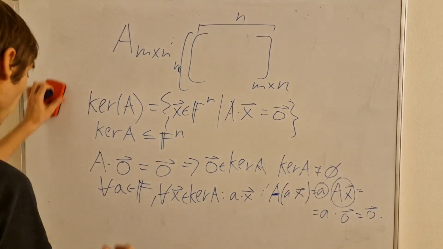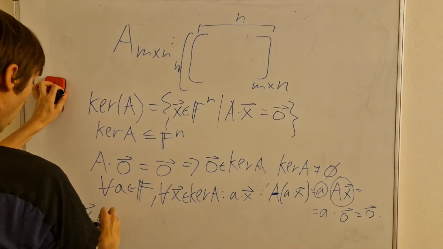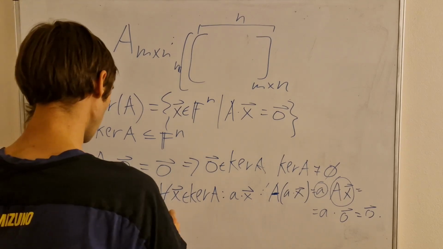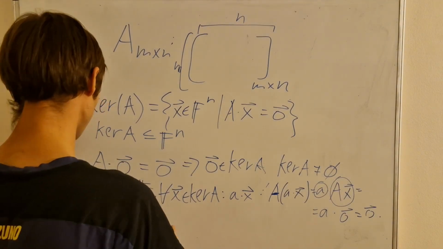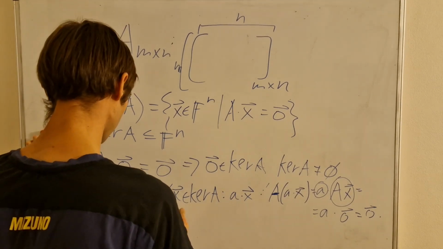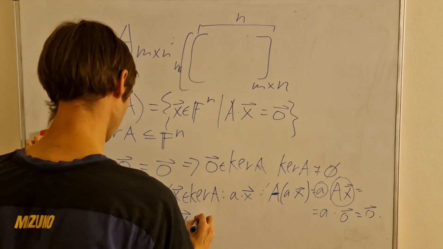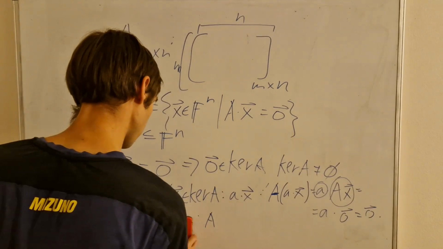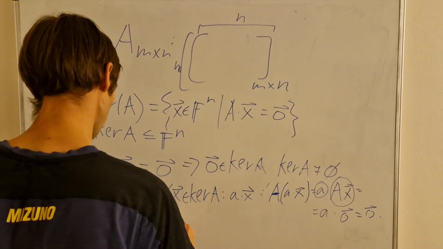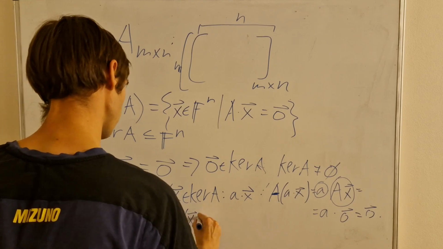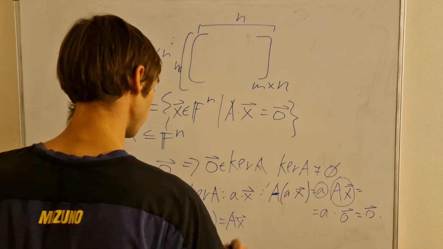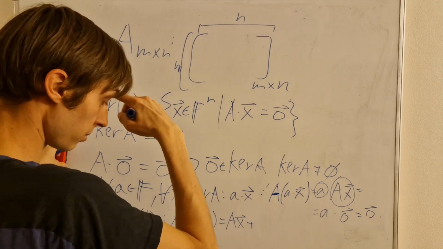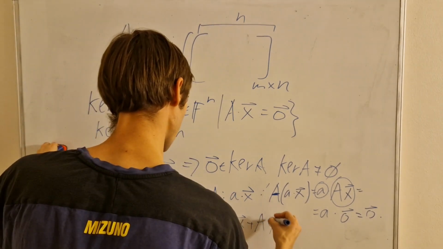I would consider some two vectors. We already talked about x, so let's do x and y as vectors in the kernel A. So for any two vectors, we have that if we add them together, it's like applying it to the matrix, and then by distributivity of matrix multiplication over vector addition, we can rewrite it as Ax plus Ay.